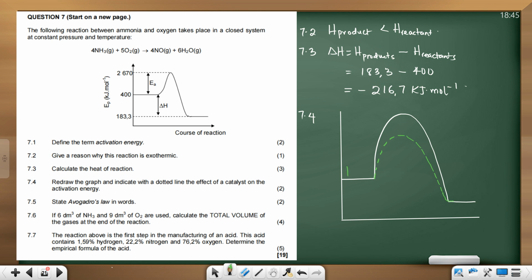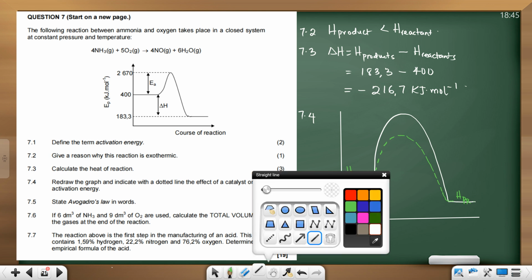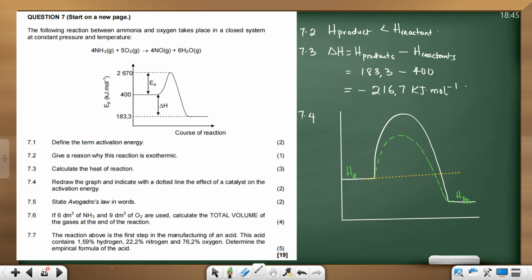Heat of reactants and heat of products. They told us to use dotted lines to show what? Activation. That's the pathway. We must show the activation energy, EA catalyst.